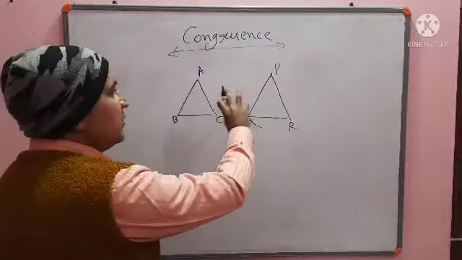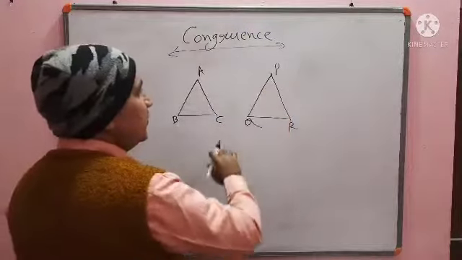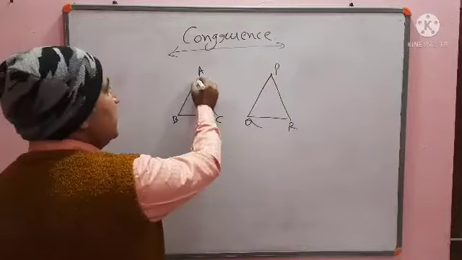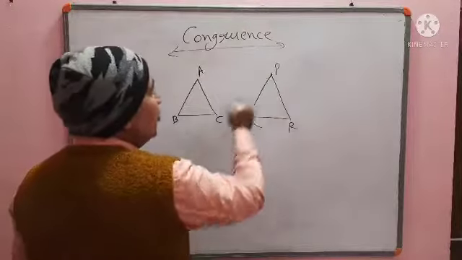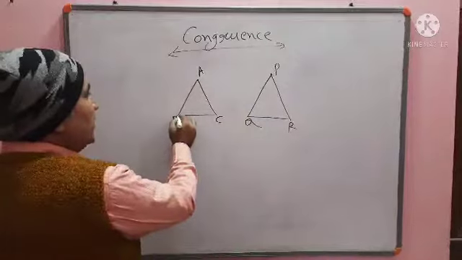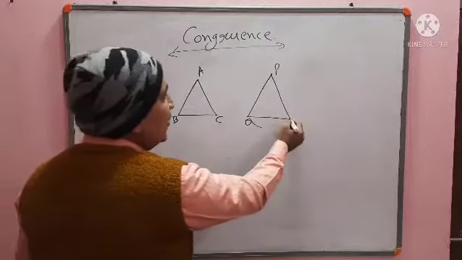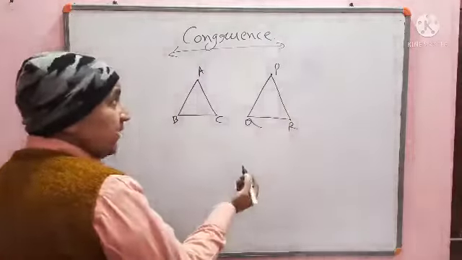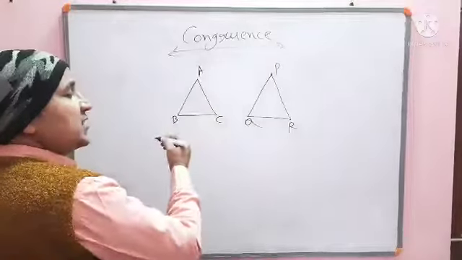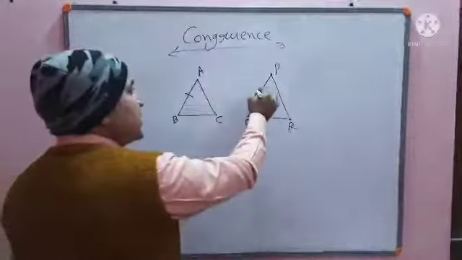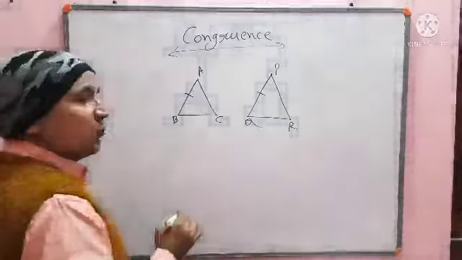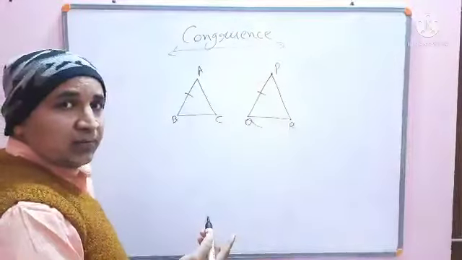If triangle ABC is brought and put over PQR, it means the point A will lie on point P, point B will lie on point Q, and the point C will fall on point R. It means very easily you can see that side AB must be equal to side PQ of the other triangle.